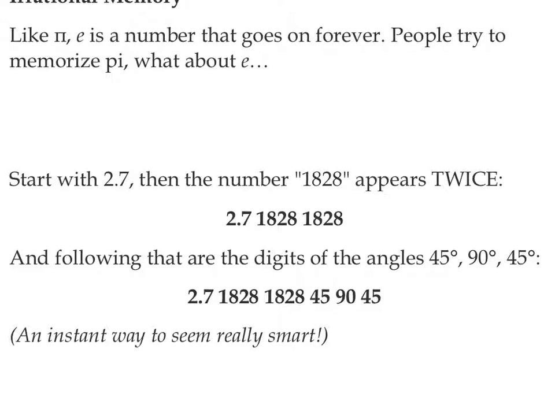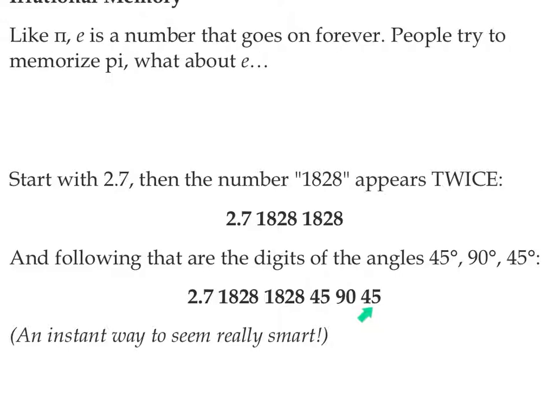First, we start with the 2.7. e starts with 2.7, and then the numbers 1828 repeat twice. So you can see here we have 2.7, 1828, 1828, and then 45, 90, 45. We're going to add those angle measures, the digits of those angles, 45, 90, 45. And through a little bit of memorization, right, of this pattern, you can get e to 15 digits.